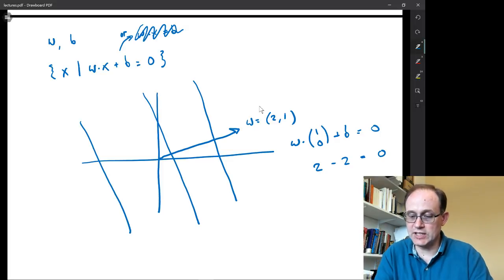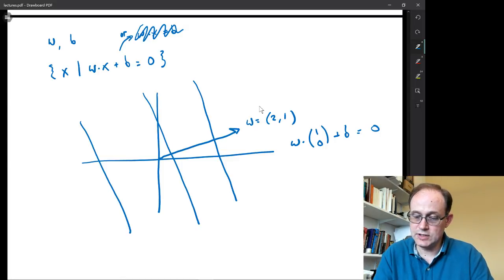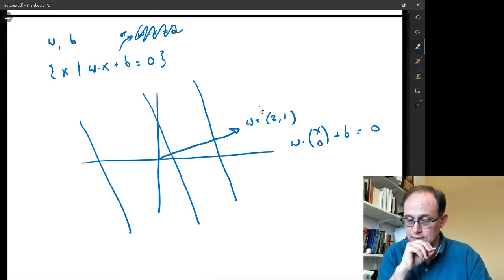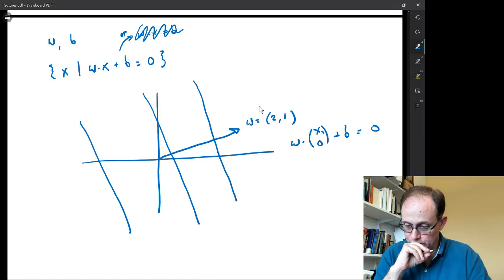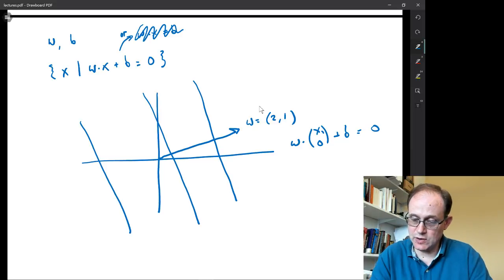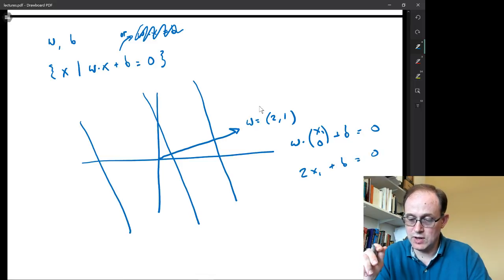What I just did was solve for what b would have to be if we knew that it crossed at (1, 0). What we would typically want to do is go the other way around. So we'll write a point on the x-axis as w dot (x1, 0), and that is going to say 2x1 plus b is equal to 0.